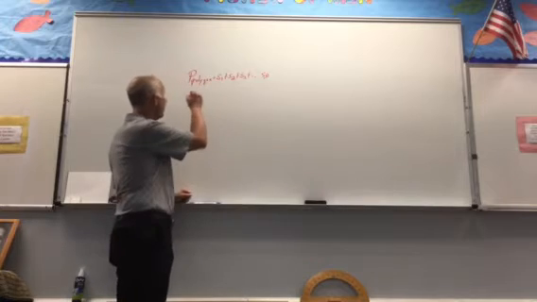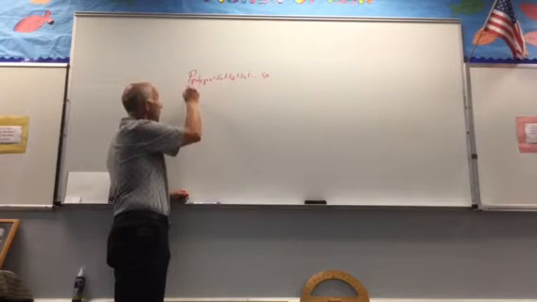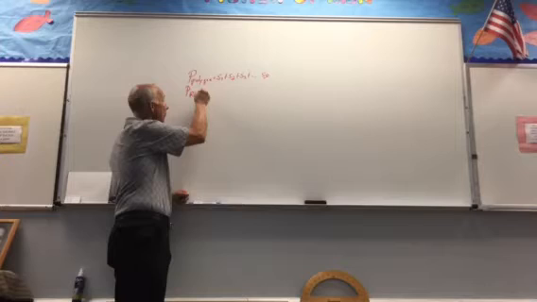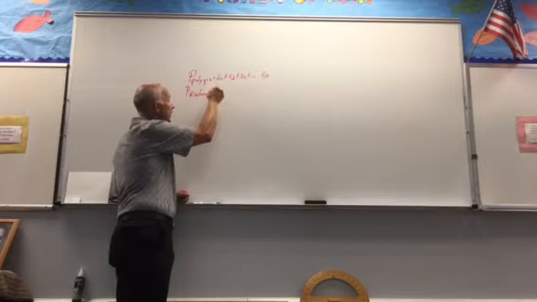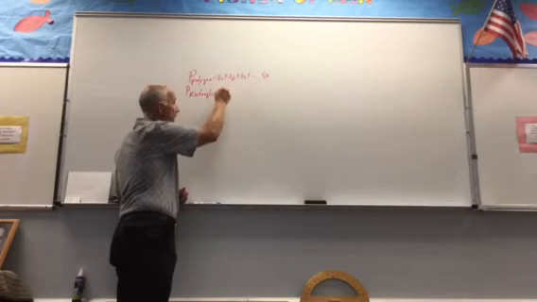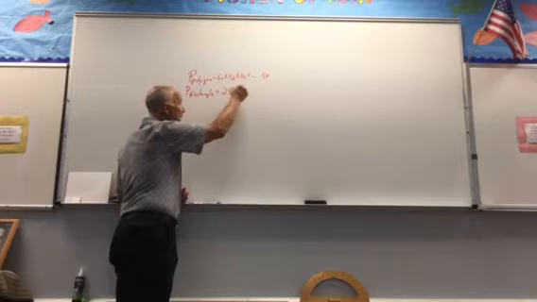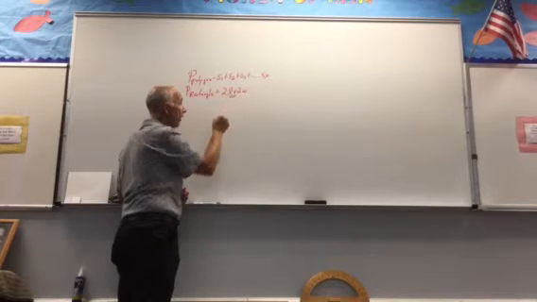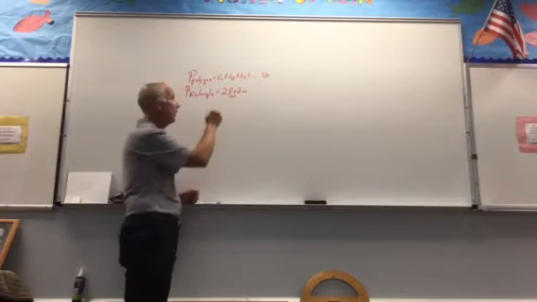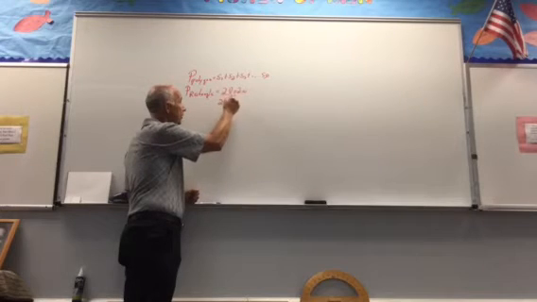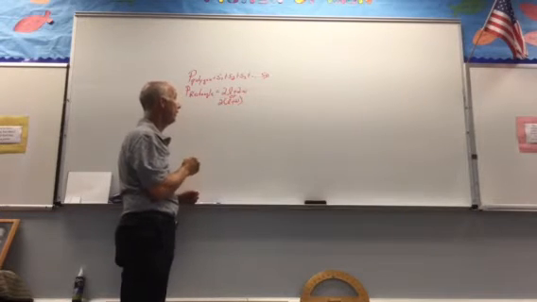All right. The second formula we learned was perimeter of a rectangle is equal to 2 times the length plus 2 times the width. Or, if you use the distributive property, it would be 2 times the sum of the length and the width. All right?